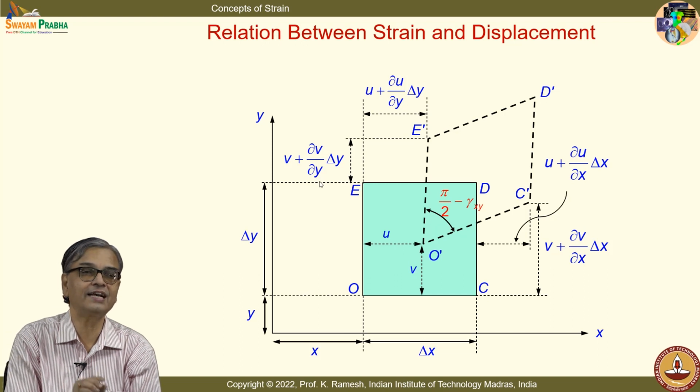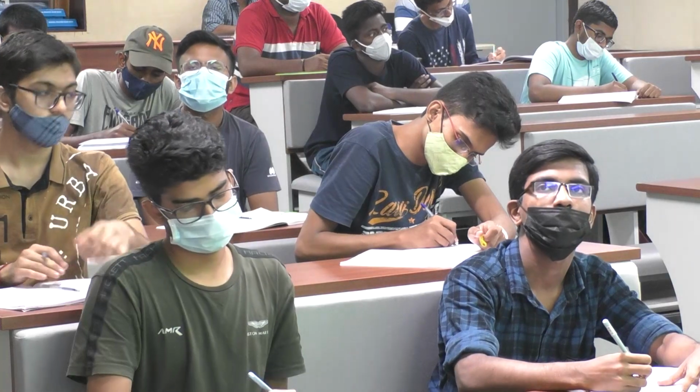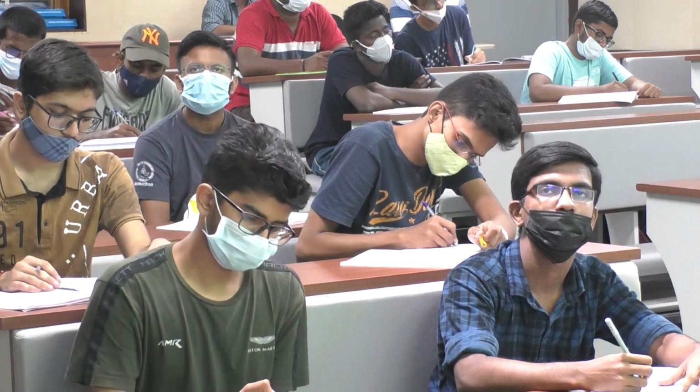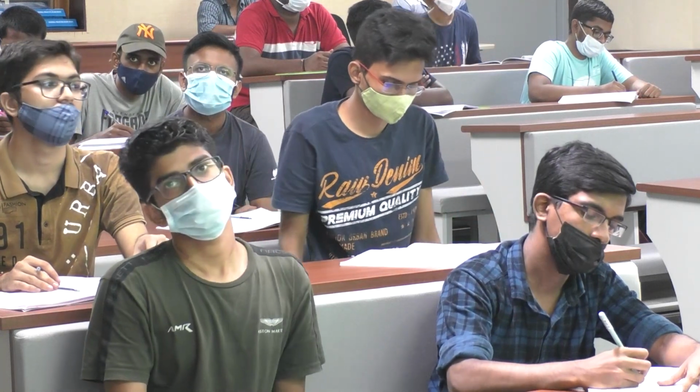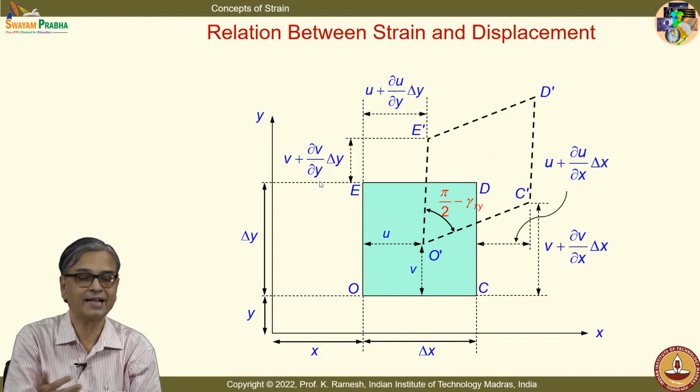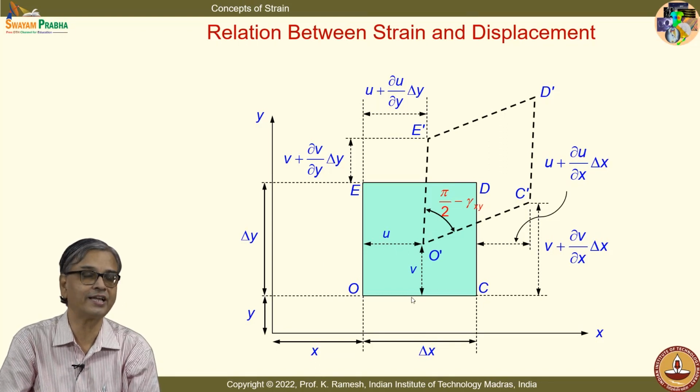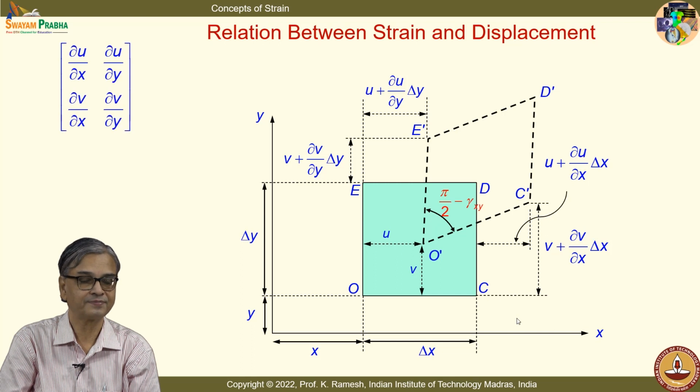If you understand and put all these labels, we have already looked at how to define the normal strain, and we have also seen how to define the shear strain. If I take that formula and plug in these values, I get expressions for normal strain, and I also get expressions for shear strain.